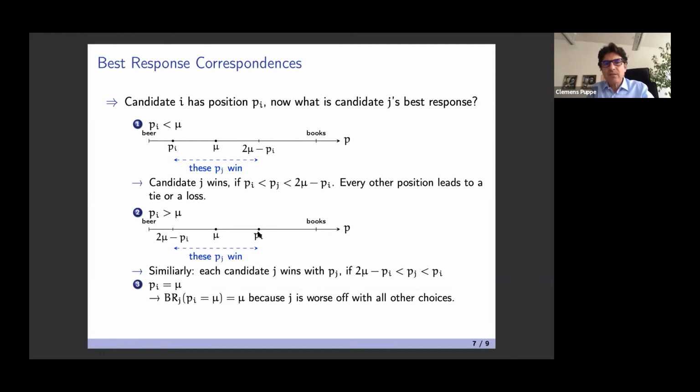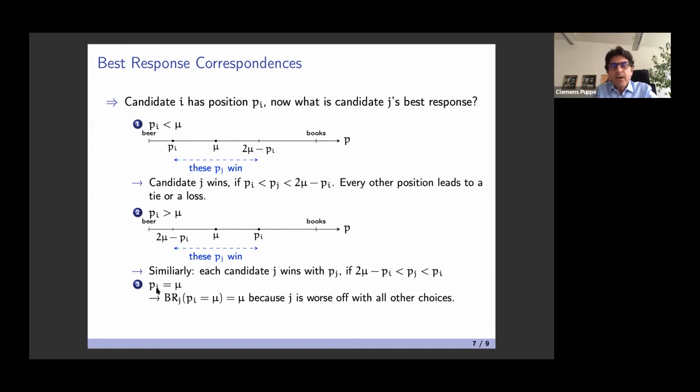Notice this point here is the same distance from mu to PI, but to the other side, and this is given by 2 mu minus PI. The same is true if the position is to the right of mu. Again, it's the same blue region where J should position herself.